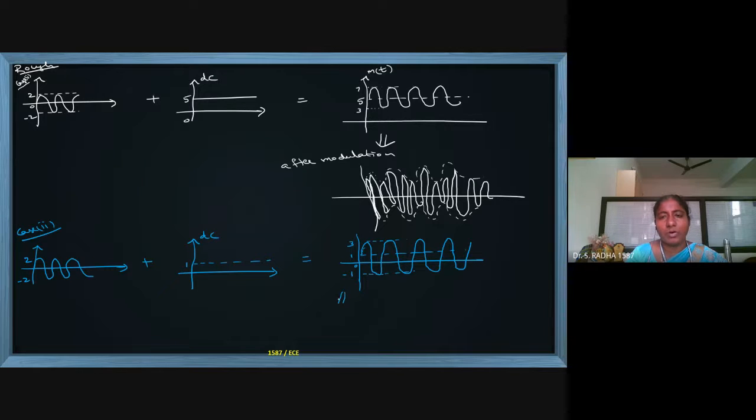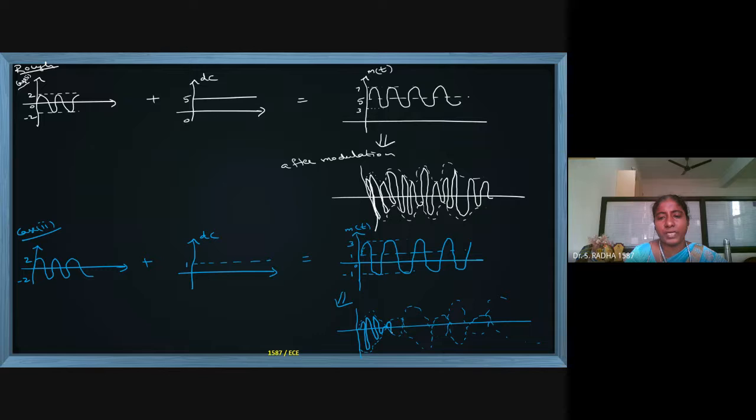And after modulation, if this is m of t, and we draw the waveform, it will go to the negative side also. Similarly, the lower half will go to the other side. There is a phase change, a phase overlap, which takes place at this junction point.